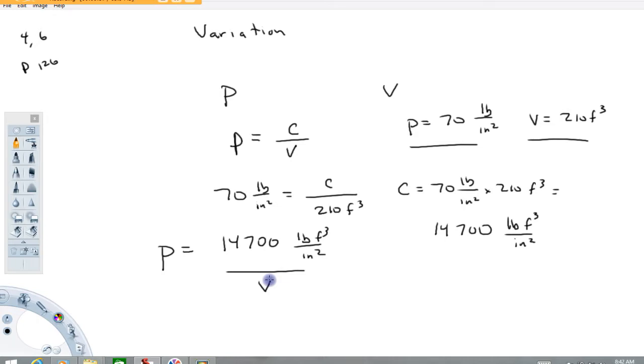And now it says find the pressure when the volume is 140 cubic feet. So we're going to just take that 140 cubic feet and put it in there. Our pressure is going to equal 14,700 pound foot cubed per inch squared, just leaving that the way it is, divided by a volume of 140 cubic feet.